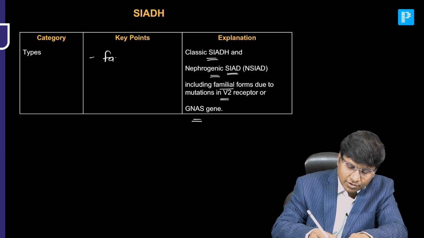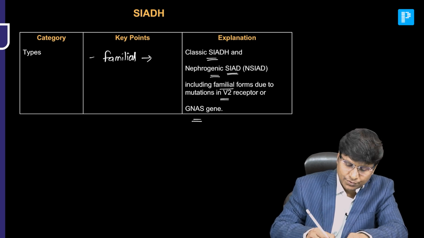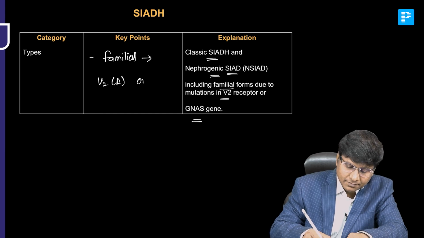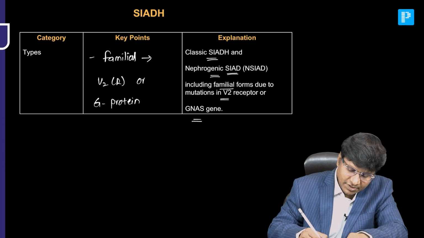So in case of the familial form, this is due to a V2 receptor mutation, or it is due to a G protein mutation.